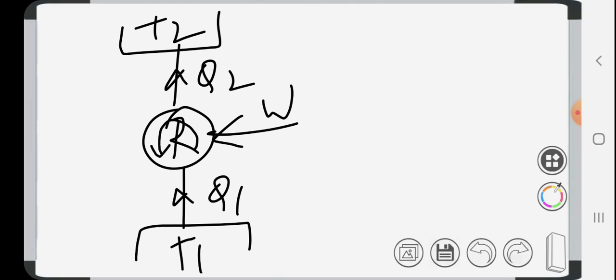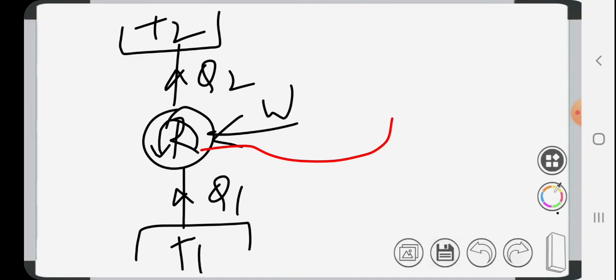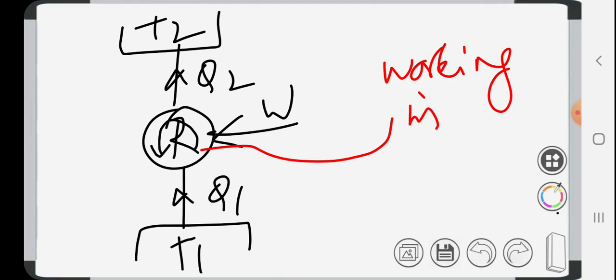In this refrigerator, there must be a working fluid. This refrigerator is working in a cycle. A particular working fluid will be there. This fluid will undergo a cyclic process. So that is what we have to learn in detail.